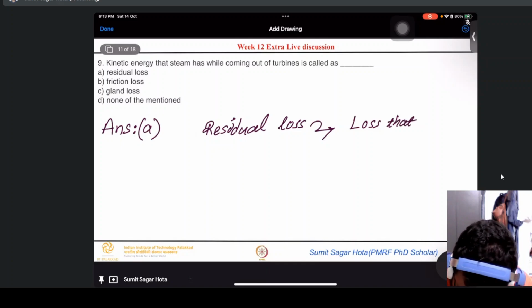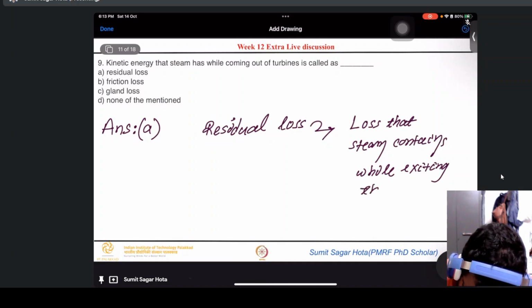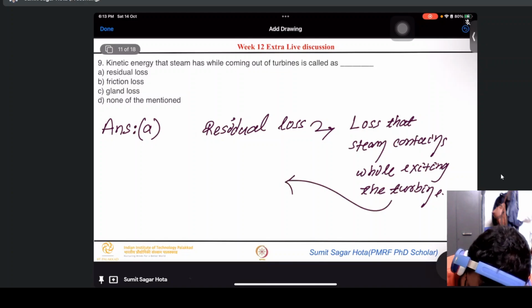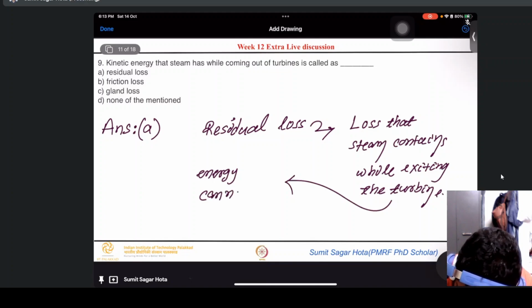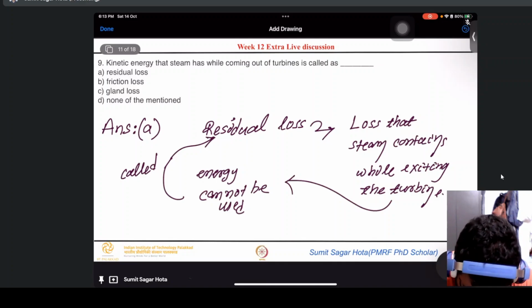The loss that steam contains while exiting the turbine, and this energy cannot be used, is called residual loss.